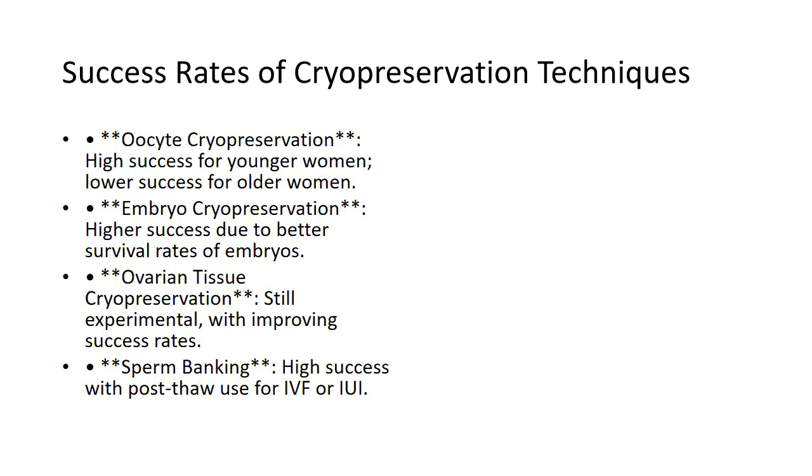Ovarian tissue freezing: prepubertal girls, women with limited time; ovarian tissue removal, freezing, later reimplantation; experimental, lower success rates; involves surgery and reimplantation.